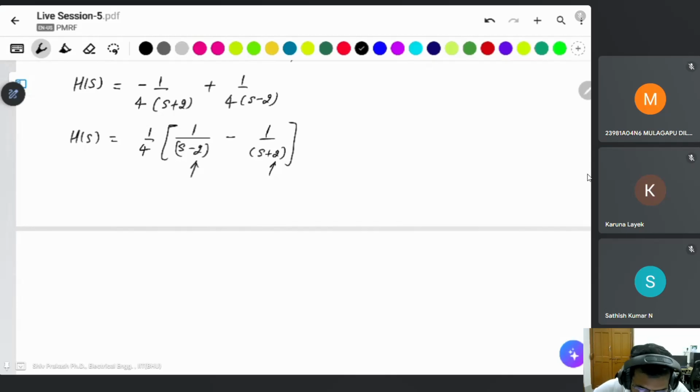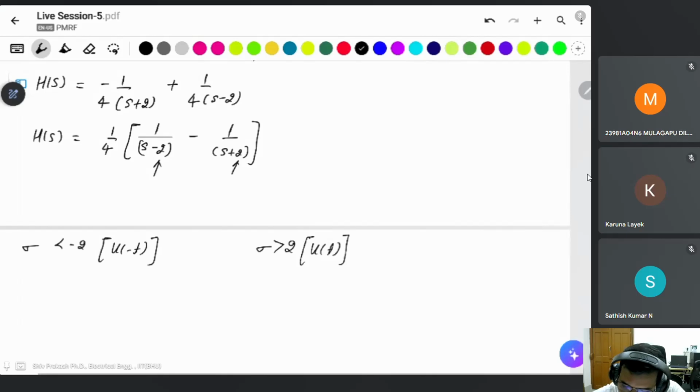First, one pole will be negative, the other positive. Suppose the ROC is less than minus 2, less than something, it means we have to use u of minus t. And if the ROC is greater than 2, then we have to use the positive unit step in our answer.